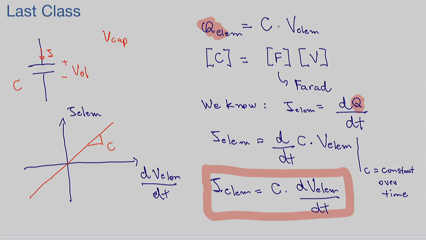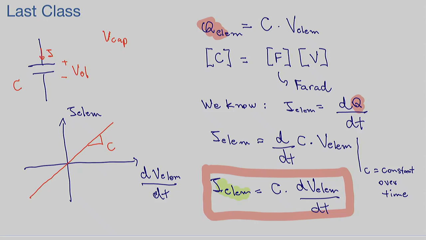And then we said that the IV relationship for the capacitor, just like we have Ohm's law for the resistors, is this, where we would write I element as a function of C, which is capacitance, meaning how much charge you can store in your device. And capacitance depends on what?